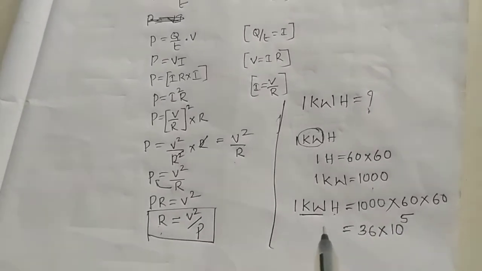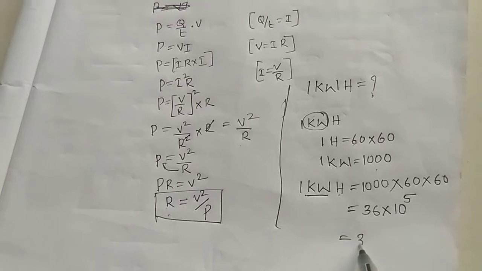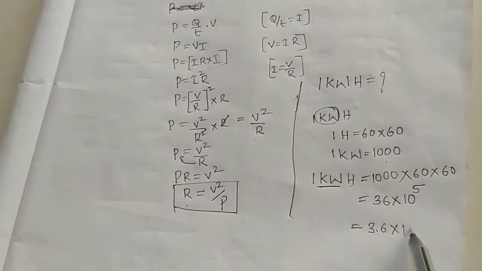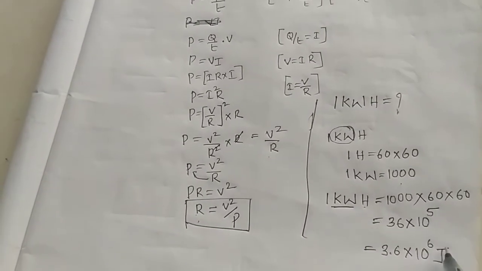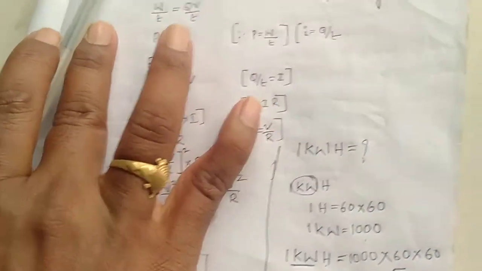So we can write 3.6 into 10 to the power of 6 joules.